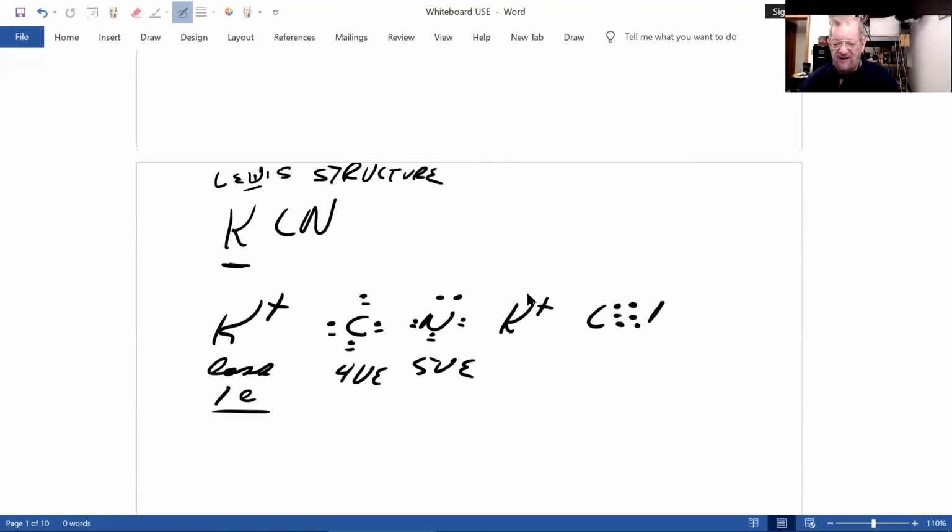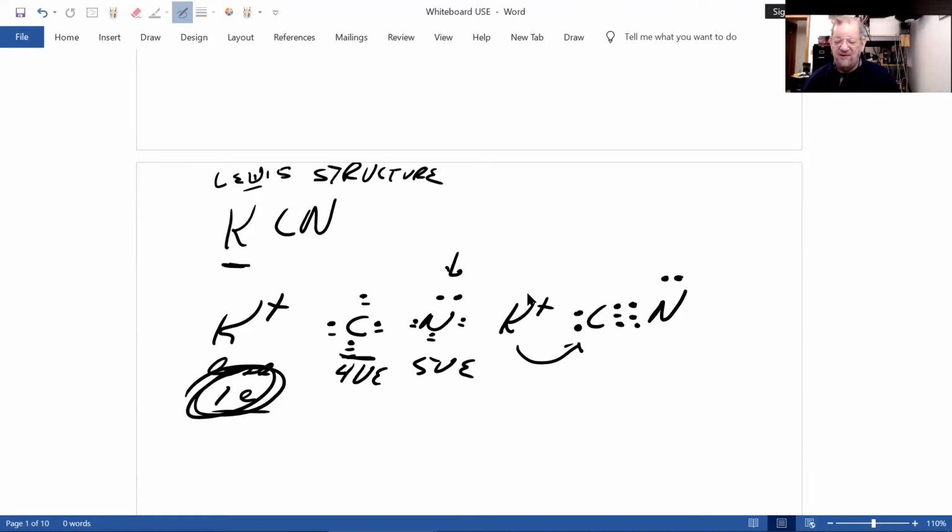A triple bond. Now, the non-bonding electrons on nitrogen are still there. The 1 extra electron is still there because you only use 3 of the 4 over here. But where did this electron go? Well, it went to the carbon.